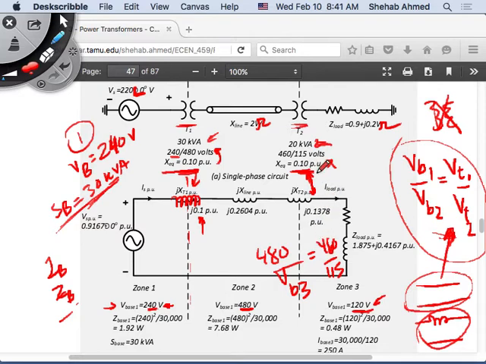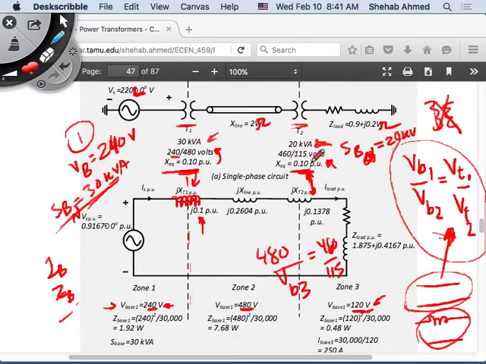But I have my S base new now is 30. This is S base new for this transformer. S base old is this 20 kVA. V base on the primary side old is 460. V base on the primary side old is 480.